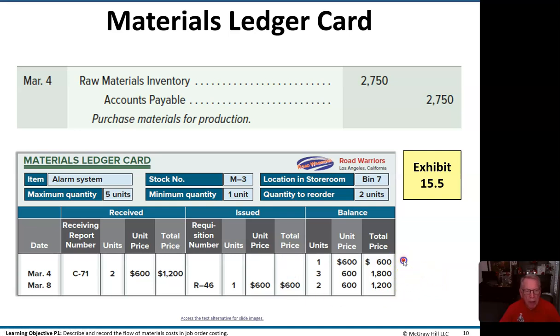So we keep a running balance here of how many units we have. Here's our beginning balance, etc. So when we had 1 unit here, we added these 2 to it here to get 1,800, and then we moved 1 out to the plant, which took our units down to 2, worth $1,200. So it's a running balance of how many units we have in this particular alarm system.